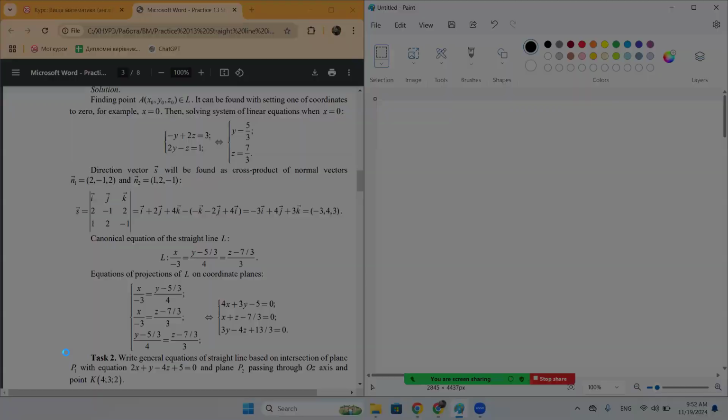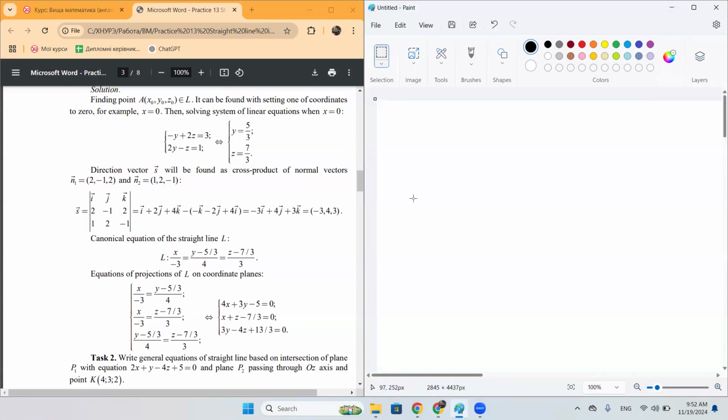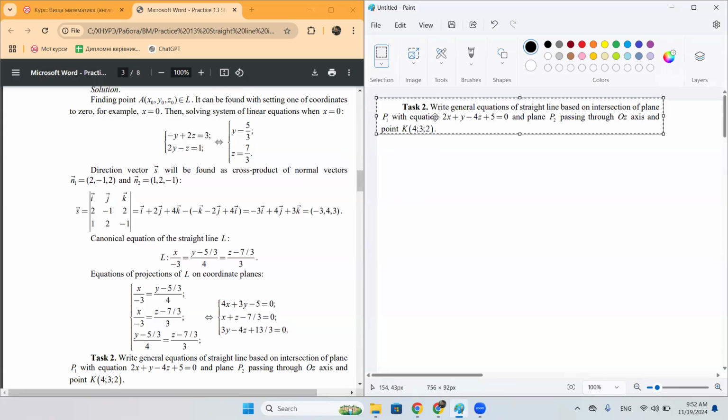So we have the following task. We need to write down a general equation of a straight line based on the intersection of plane P1 with the following equation and P2 that passes through the OZ axis and the point K. So let's start. Basically, we need to write down the general equation of the straight line.